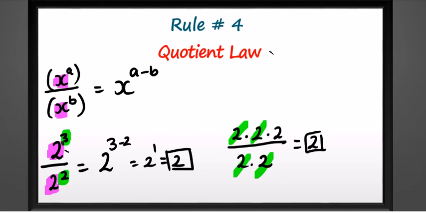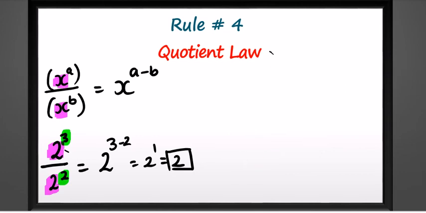So let's do another example here. Let's say you have 2 to the power 10 divided by 2 to the power 8. Well, you're not going to write it down 10 times. You can, but why would you waste your time, right? You can use the laws to help you simplify the questions faster. Based on the law, when you have the same base, do we have the same base?